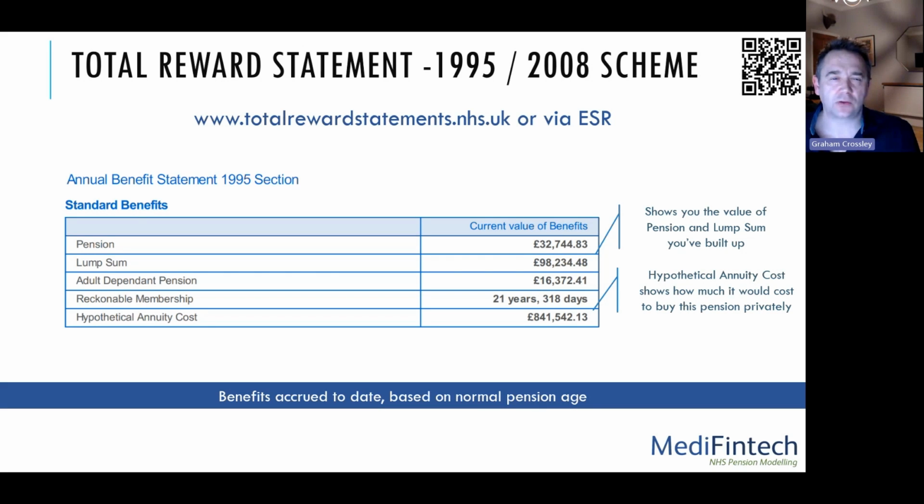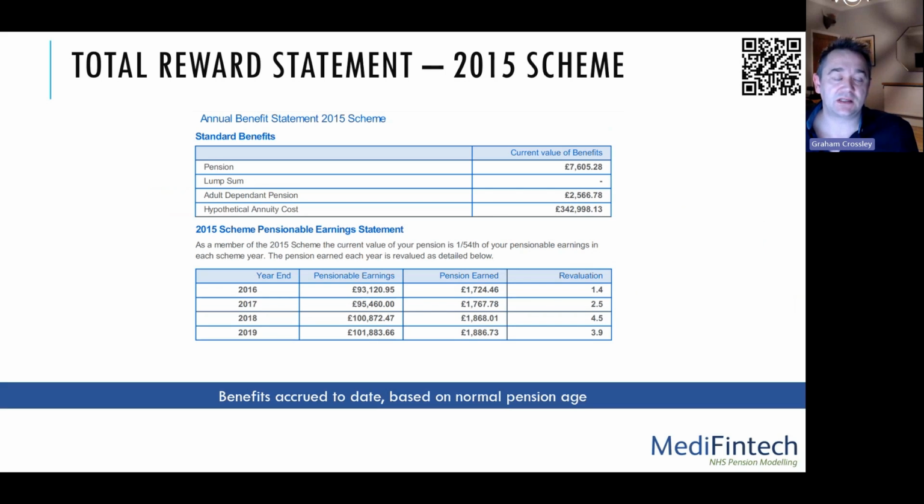It also shows you this thing called a hypothetical annuity cost, which is basically telling you how much it would cost you to buy this pension privately. If you look at the 2015 scheme, you'll see the pension on there. You'll never see a lump sum because there is no lump sum entitlement, but you will see a breakdown of the earnings and the pension that you earned for each of those years, which is earnings divided by 54.